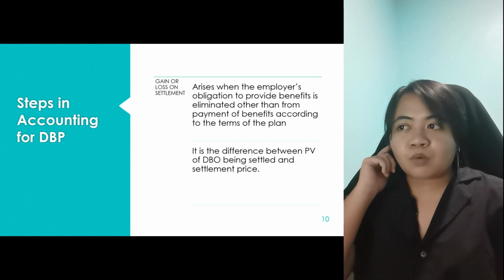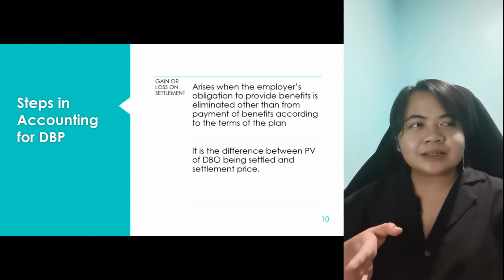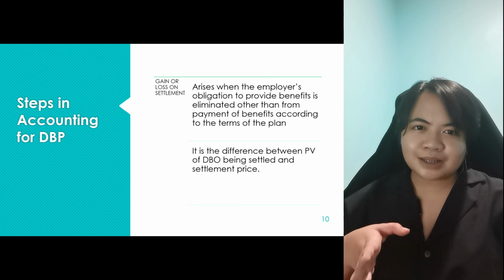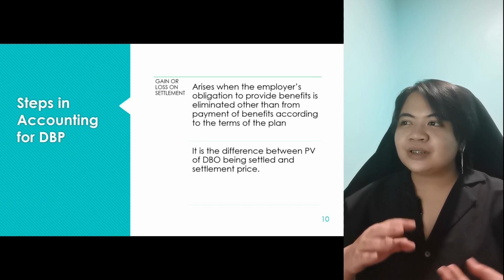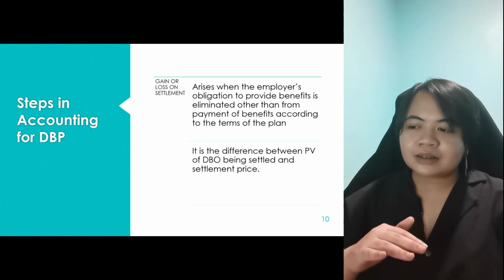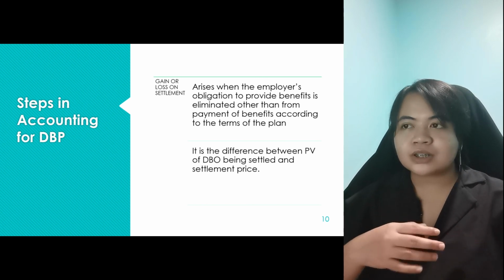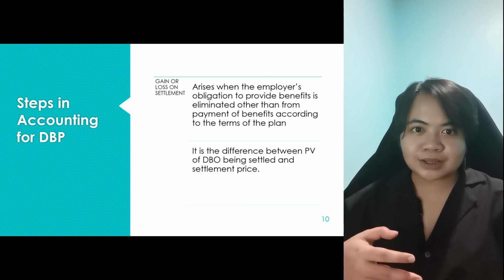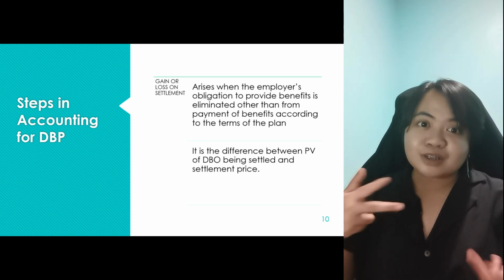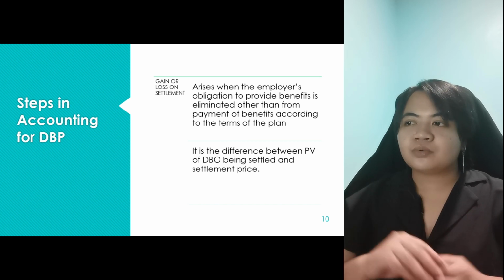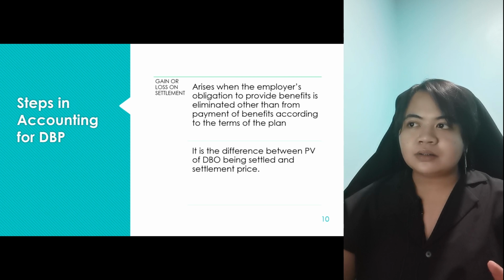So, it's either po hindi naman may na-terminate, may napaalis na empleyado, may nag-resign, may na-fire, so kasama siya sa retirement fund, pero hindi niya na-meet yung conditions. So, nagkakaroon ng gain or loss on settlement. Mayroong involved na settlement price, severance pay, yan, okay? So, yun yung dahilan.